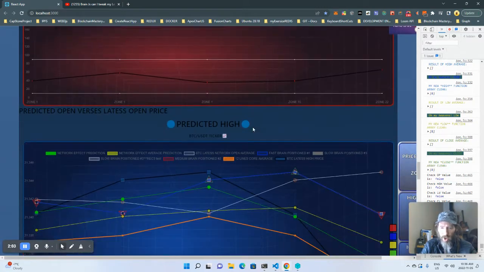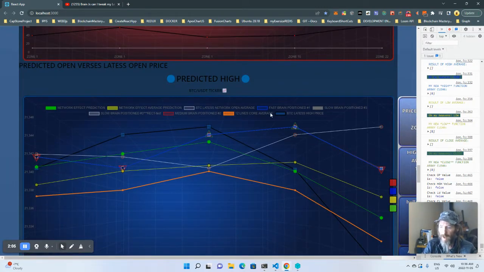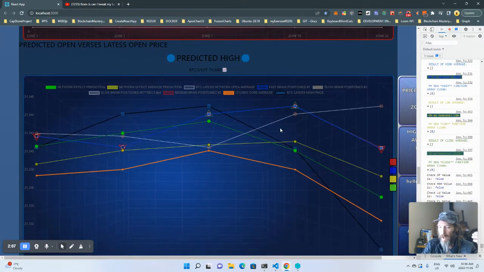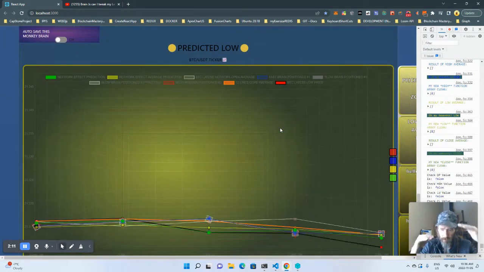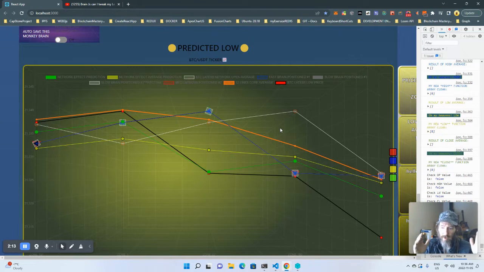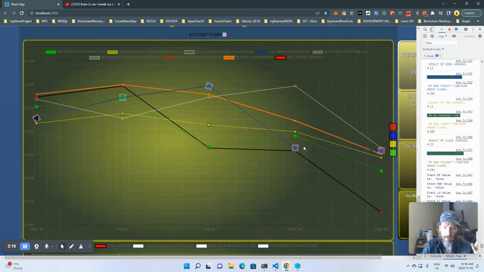So every chart has a medium, fast and slow brain, and it's controlled through the learning rate and the momentum rate, which I control so I can get three different results, right? That being said, I want to tweak the learning rate and the momentum for these three brains.